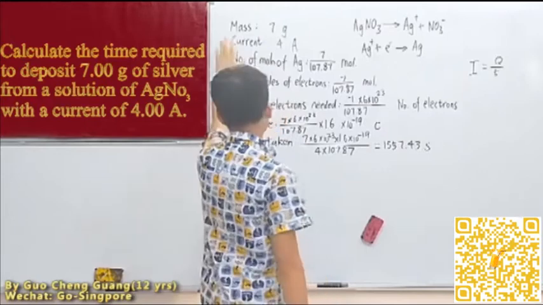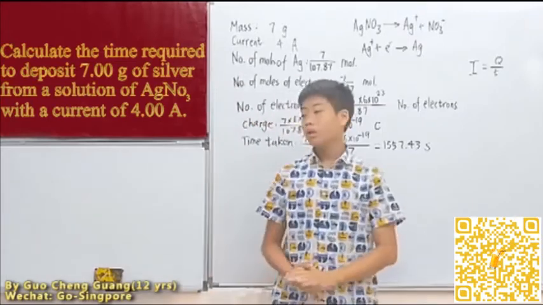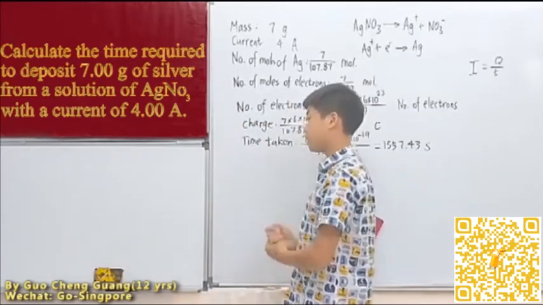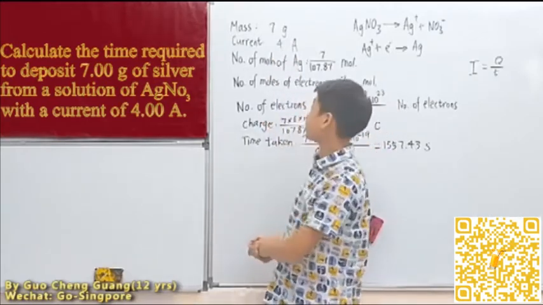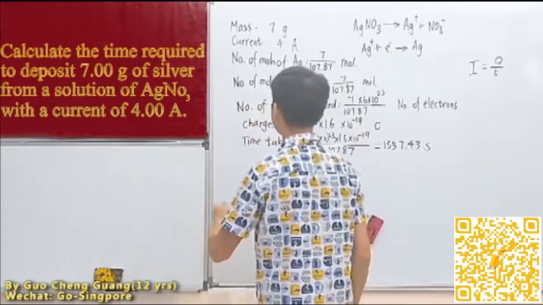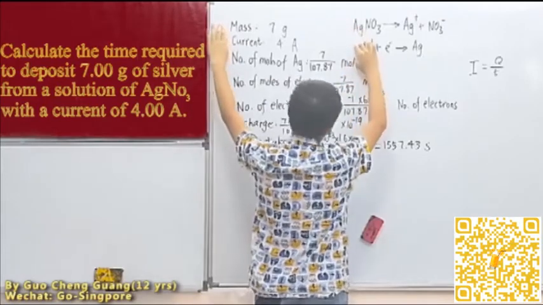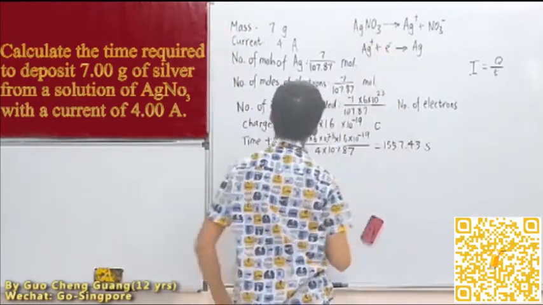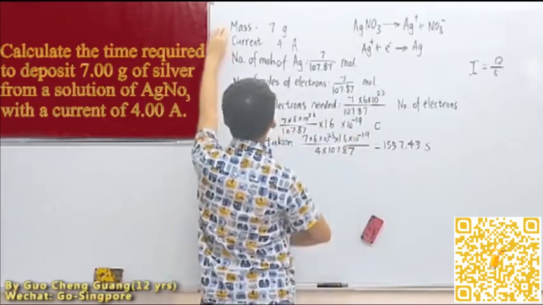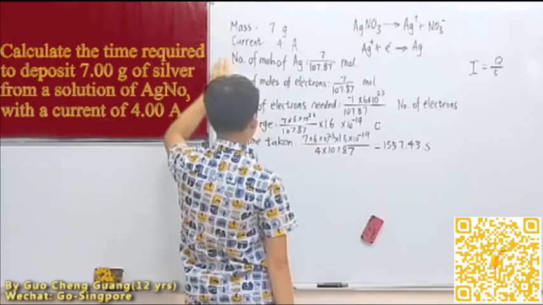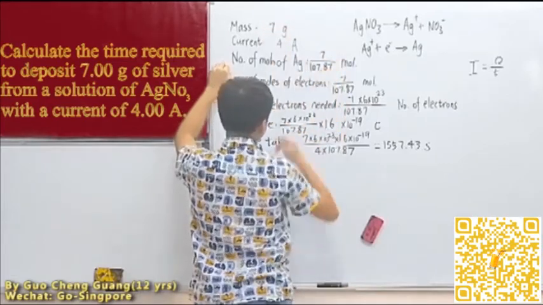If you understand the question and know how to find it step by step, it's actually quite simple. But first of all, you have to know what the question is asking for and the whole process. I hope that you are clear so far. Let me tell you again. You're given mass and current, and you have to know the equation and ionization process. First, from the mass, you get the number of moles using the mass given and the atomic mass.